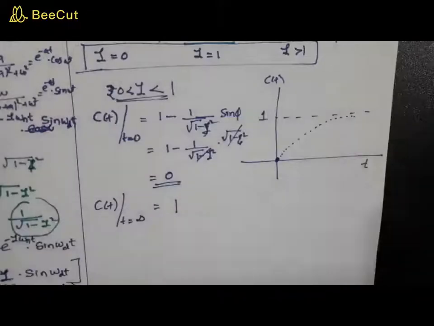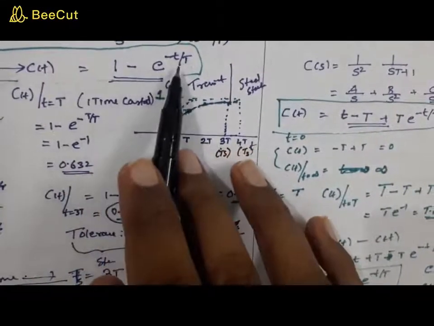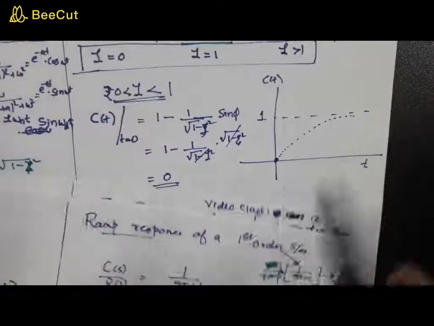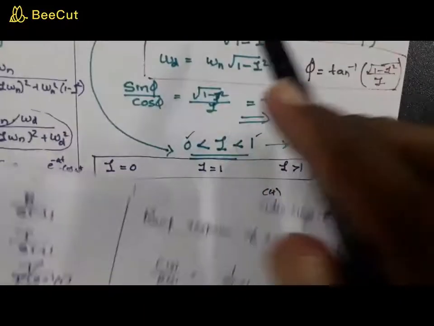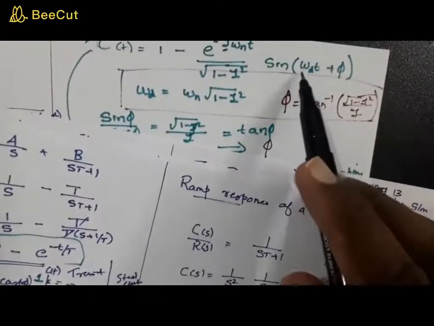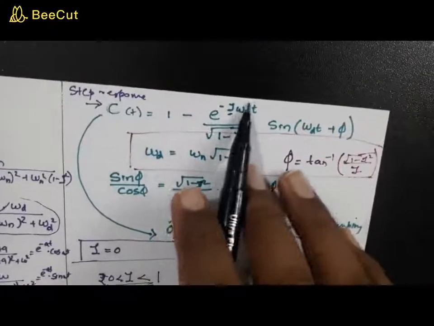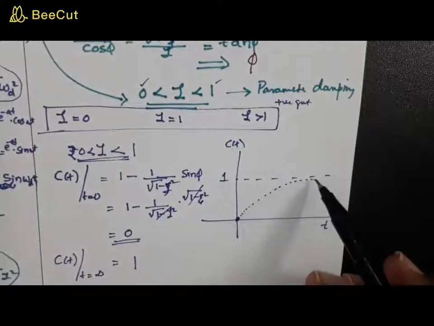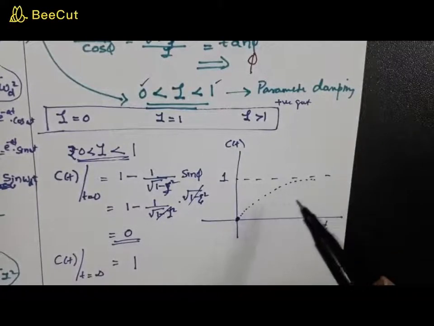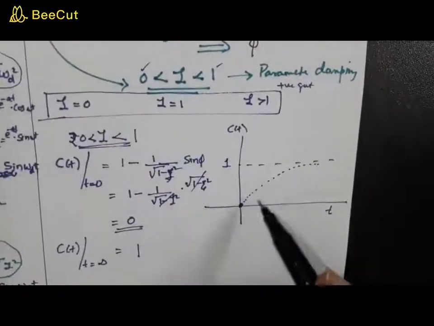So this is actually for the function 1 minus e raised to minus t by T. But in this case, along with this exponential signal, you have a sinusoidal function as well. So this function is not going to behave like this. Had there been only the exponential signal, then you can expect a signal like this. So this is not the way in which this output looks.